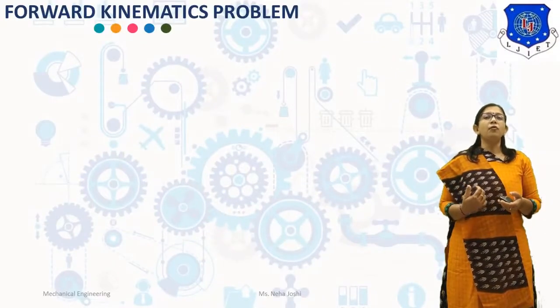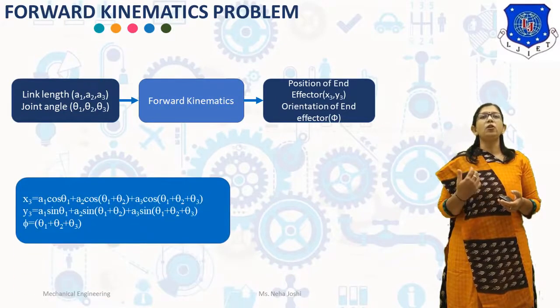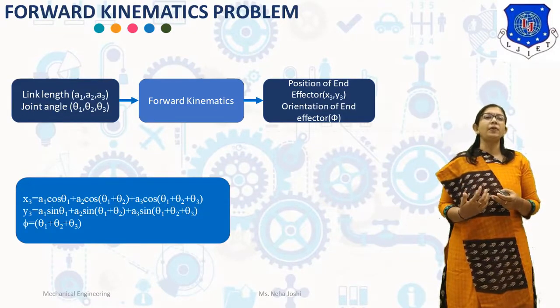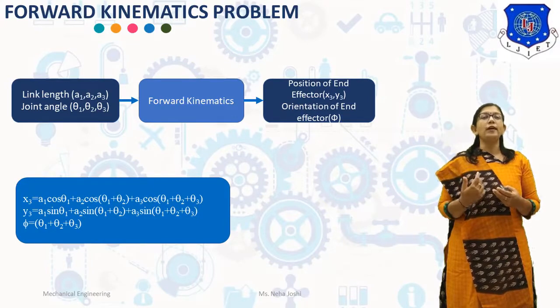Now, in the forward kinematic problem, the position x3, y3 and the orientation phi of the end effector are determined from the known parameters, which are the link lengths a1, a2 and a3 and the joint angles theta 1, theta 2 and theta 3.